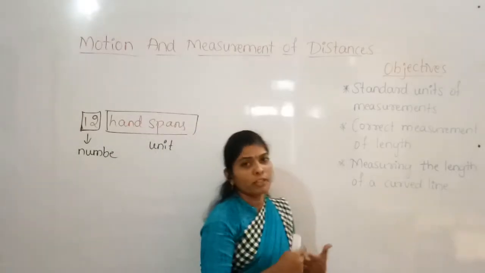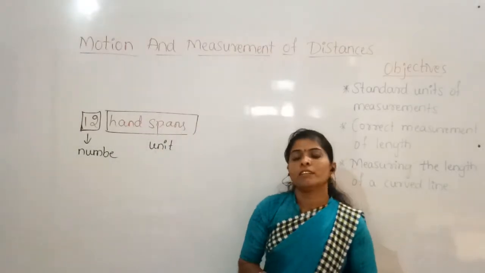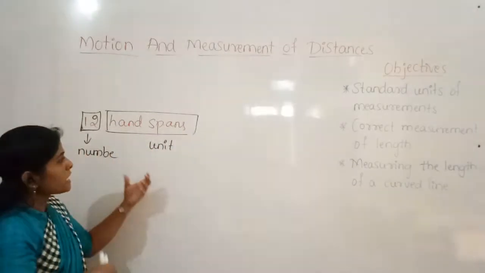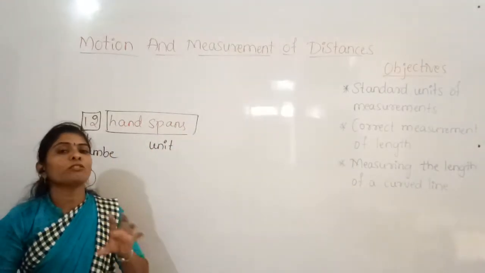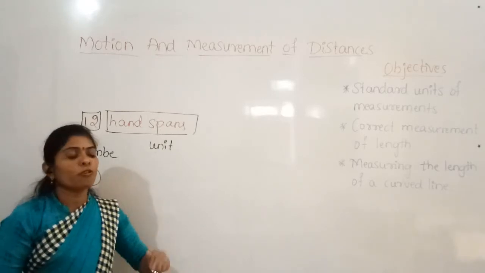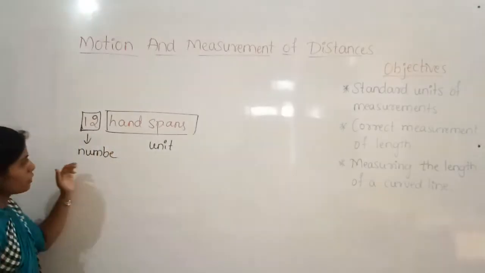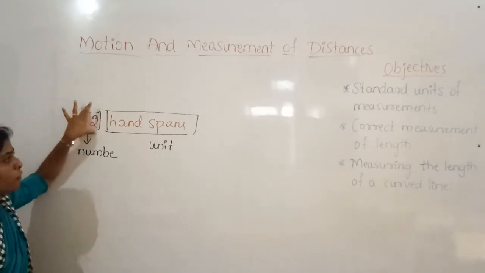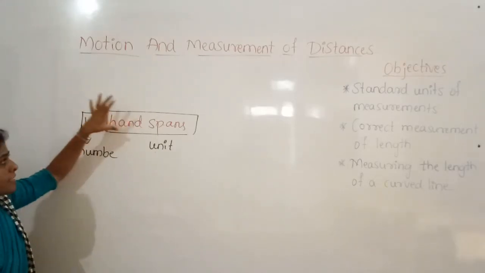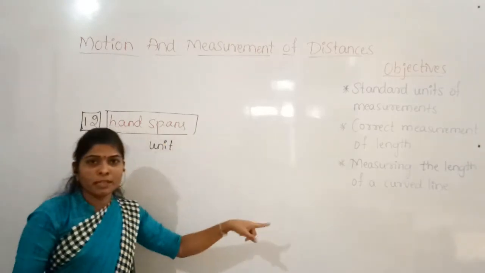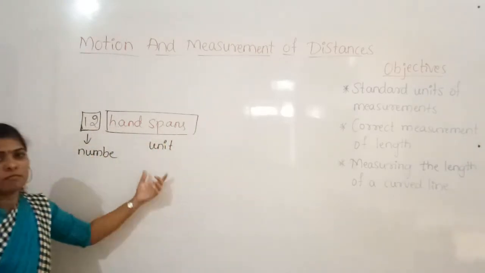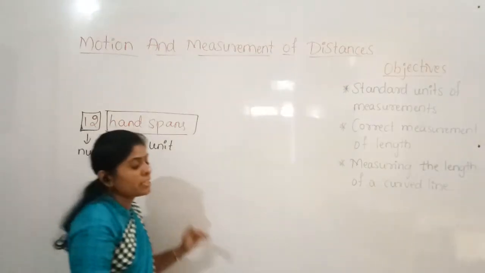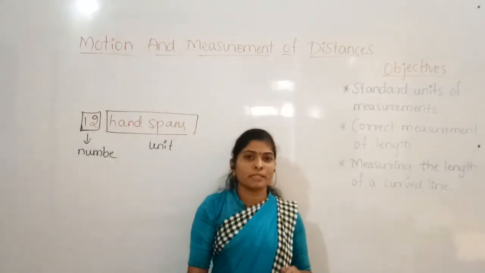So when they differ, measuring with hand span or foot is not a proper measurement. It keeps varying. Suppose I ask you to measure the width of the table and it measures 12 hand spans. If I give the same task to another person, it may vary. So these are not proper measurements.